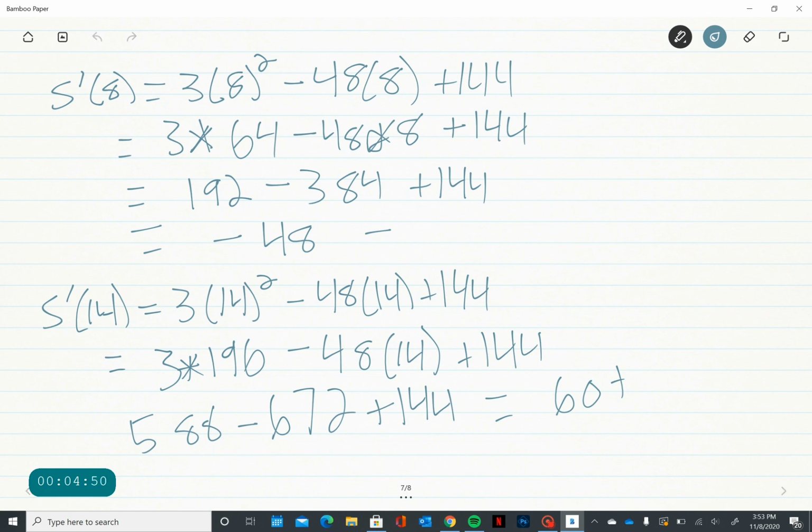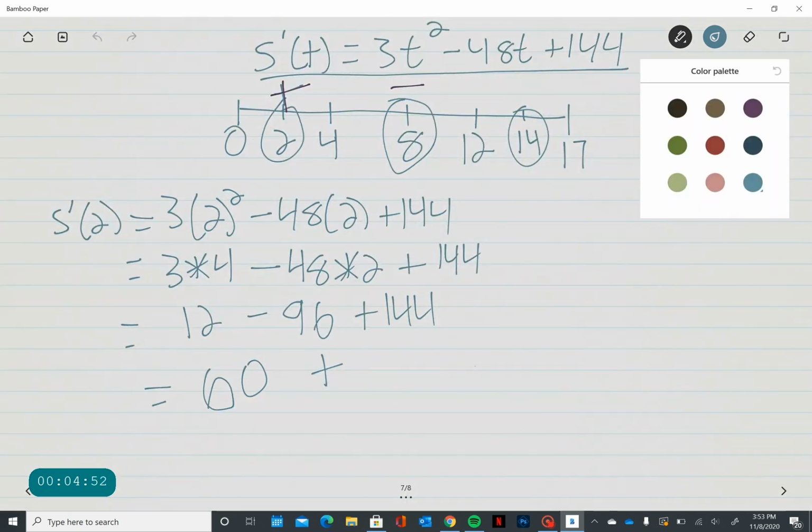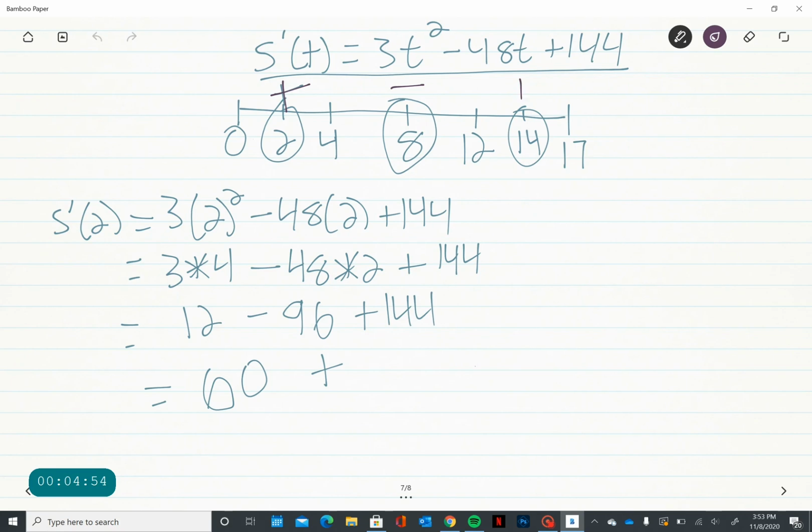So we can go back to our number line. And it is positive here.